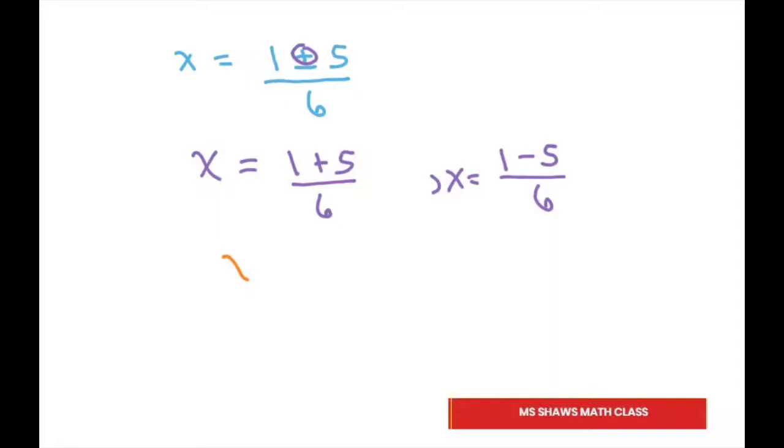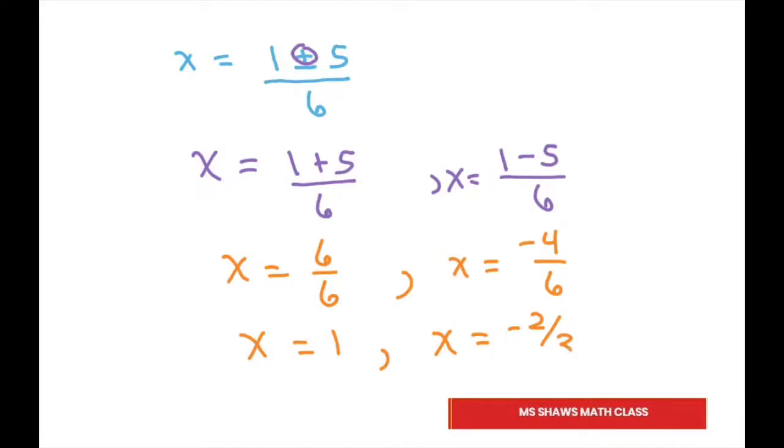Therefore, we have x equals 6 divided by 6, and x equals 1 minus 5 is negative 4 divided by 6. This means x is 1 and x is negative 2/3. So your solution set would be 1 comma negative 2/3.